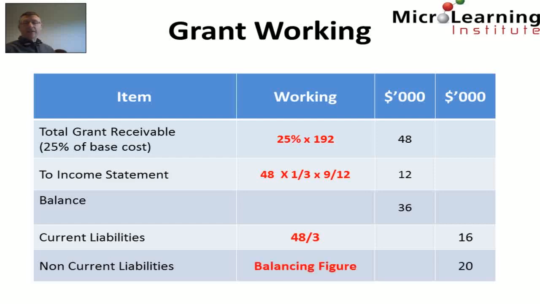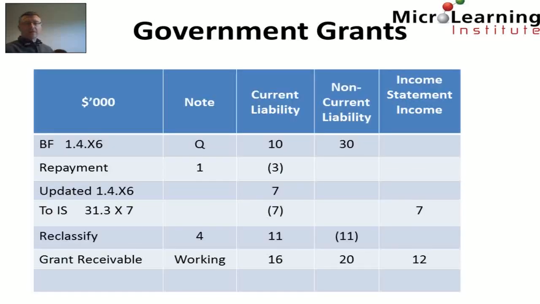That leaves an outstanding balance of 20, because we have a total balance of 36, and this is recognized as a non-current liability. So now we can go back and enter these numbers in our government grant schedule, and there we see the income statement income being recognized at 12, and the outstanding balances of 20 and 16 in non-current and current liabilities.